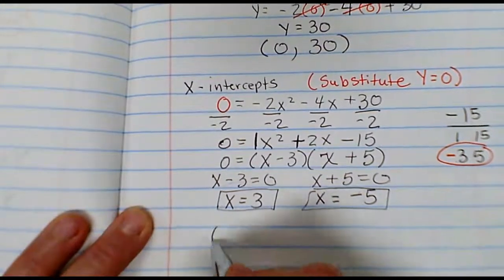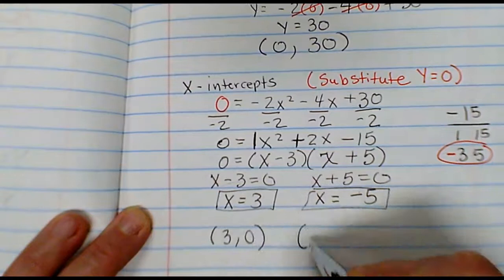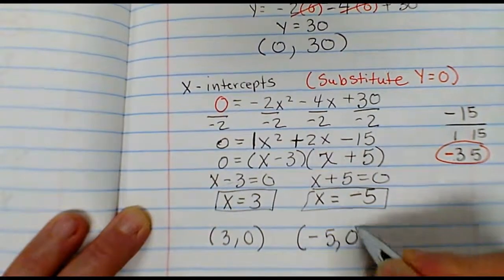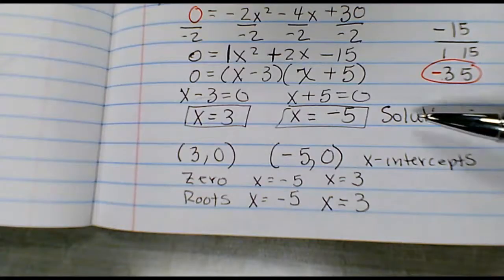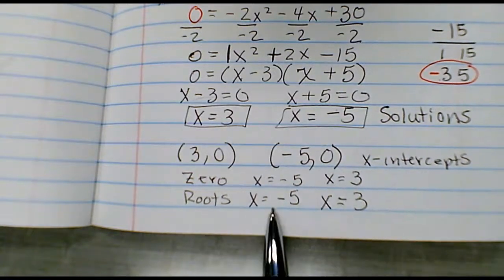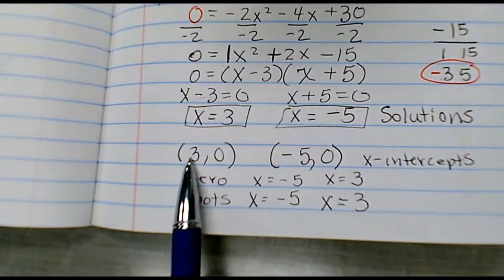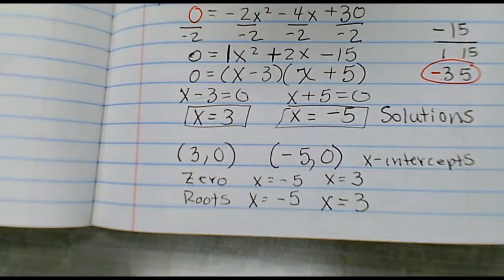And my x-intercepts are solutions and zeros and roots are all the same thing. X-intercepts are the same numbers, but they're written in point form.